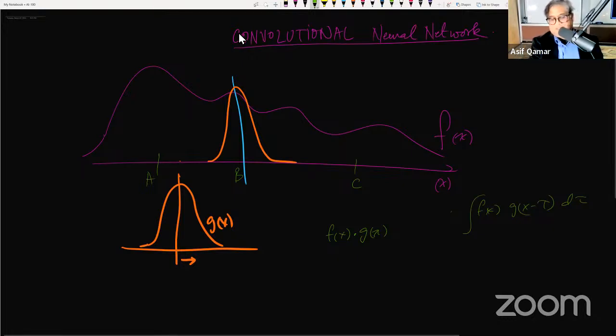Think about it this way. What is g of x here? Look at this point, this is the orange line. What is this value at a? 0. So the product function at that point would be 0. What about c? g of c is 0.